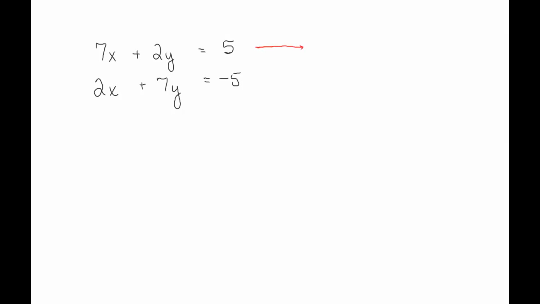We've been eliminating y, but there's nothing magical that says we have to eliminate y. So this time I'm going to go ahead and eliminate x. I'm going to multiply the top equation by 2. And the bottom equation, a little bit differently, I'm going to multiply by negative 7, not positive 7. You'll see why in just a minute.